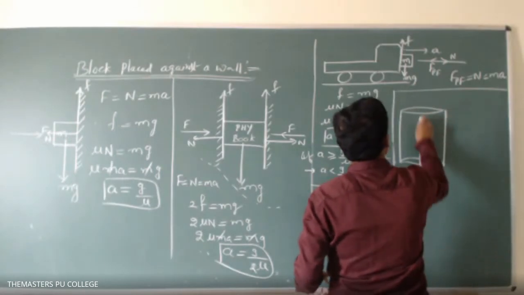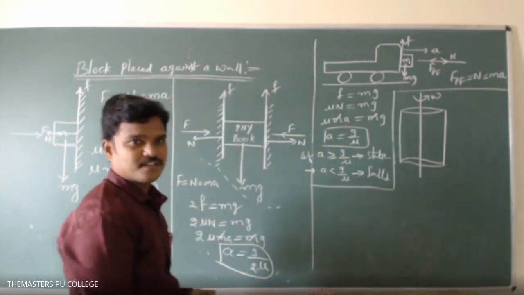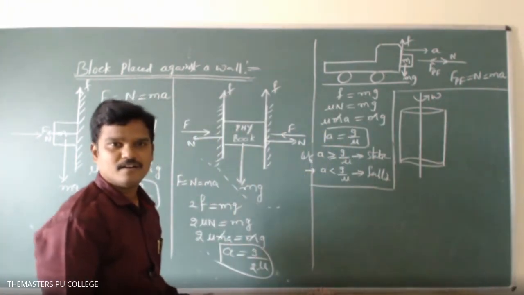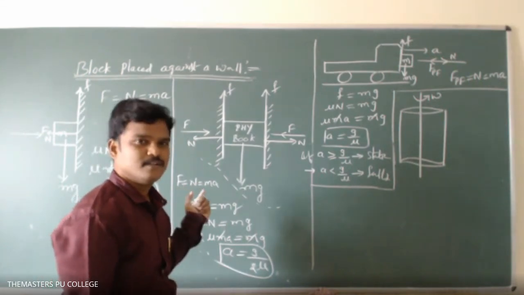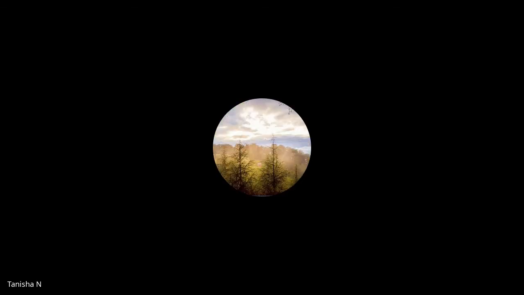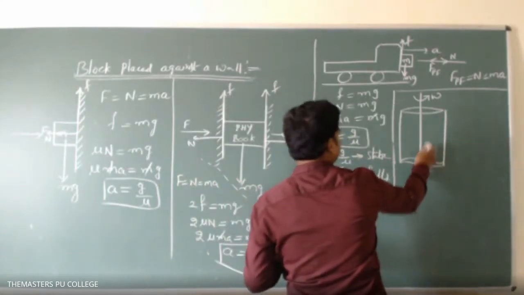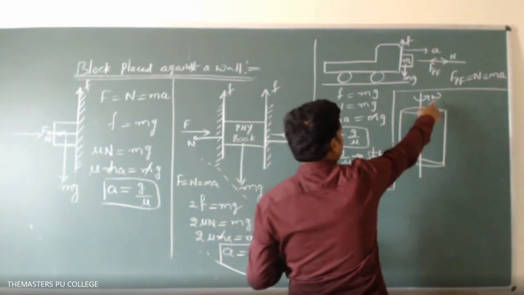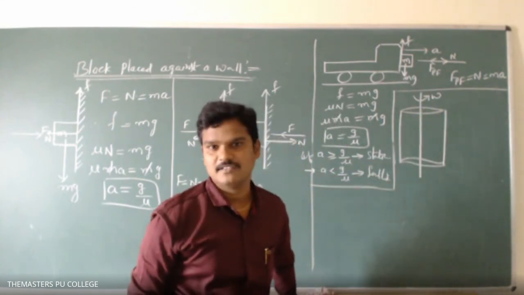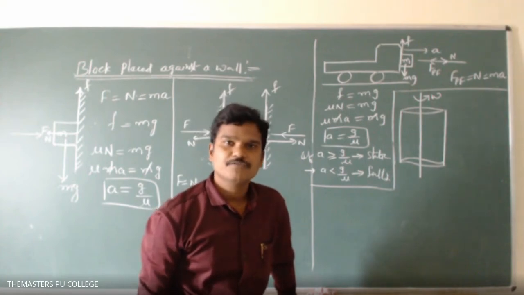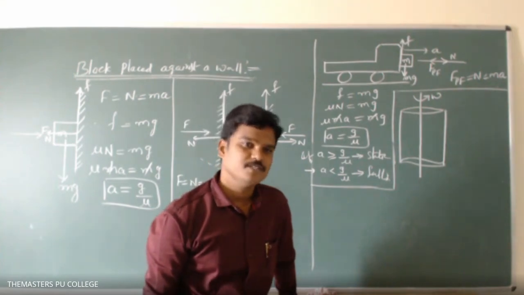Now the cylinder is rotating with angular velocity omega. Is the board clear? Otherwise, I will rub everything. Clear? Okay, then let me continue. Now I place a block here. It rotates with an angular velocity omega. So far you know linear velocity v, nothing but the rate of change of displacement.